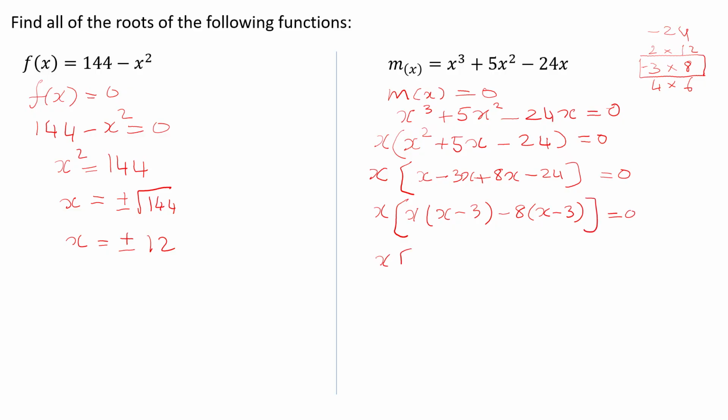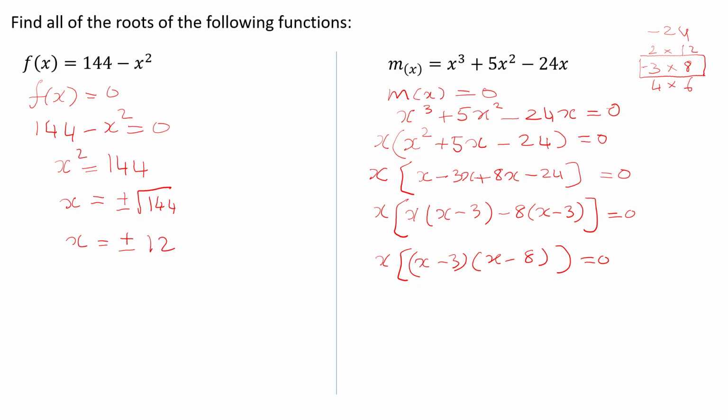So x times (x minus 3) times (x minus 8) equals 0. So now we have three factors: x, then x minus 3, then x minus 8 equals 0.